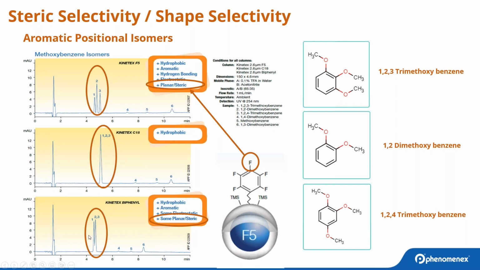The Kinetex biphenyl provides a little bit of steric selectivity, but the F5 by far provides the most separation or resolution between the analytes. They're isomers, so they have the same chemical formula. It's just really their shape that's different.